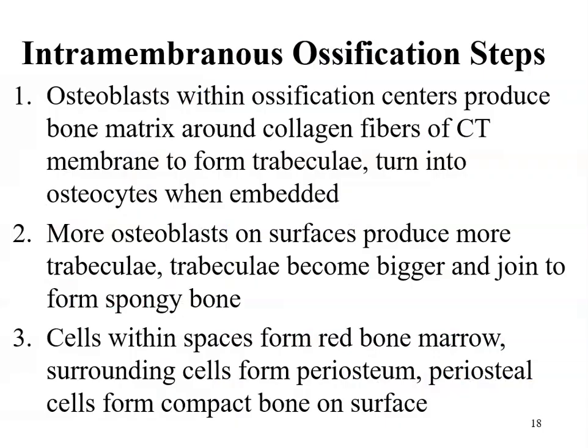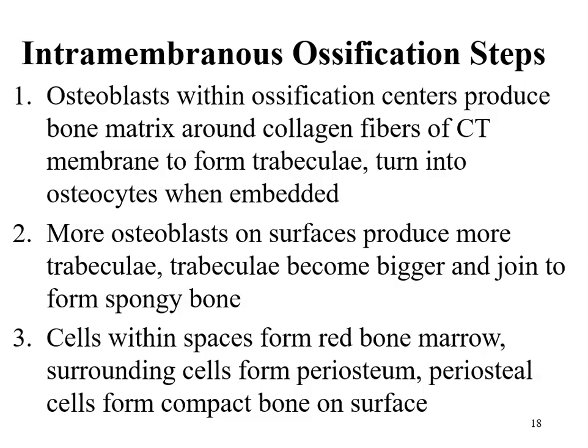Step 3, the cells within the spaces of the trabeculae are going to form that soft red bone marrow tissue, which will fill all the spaces in between those rods and beams of the bone tissue. And surrounding cells are going to form that outer periosteum.